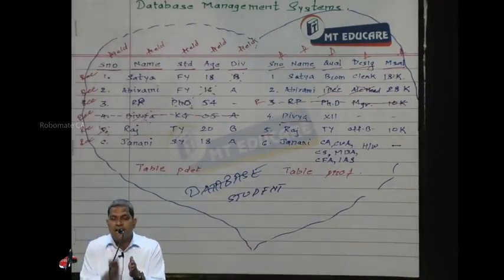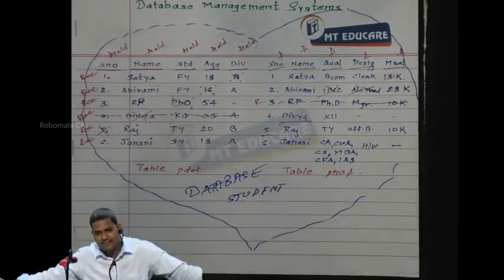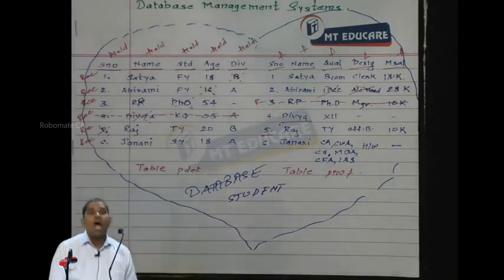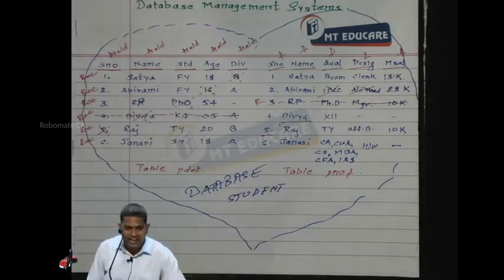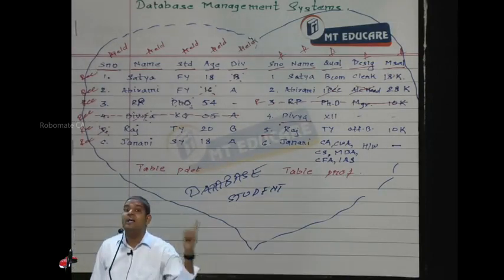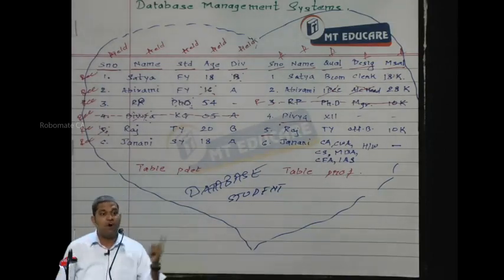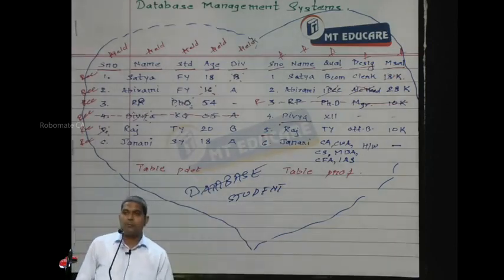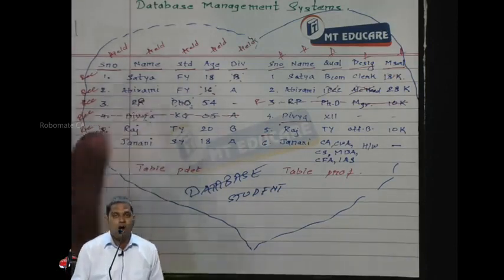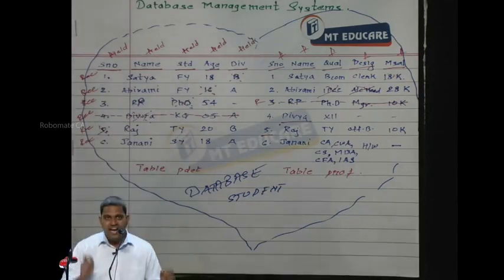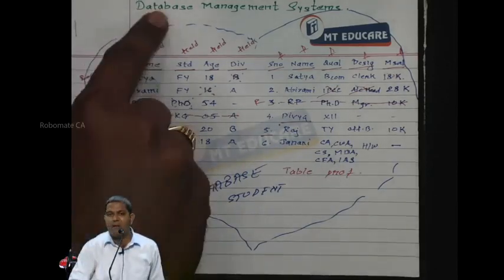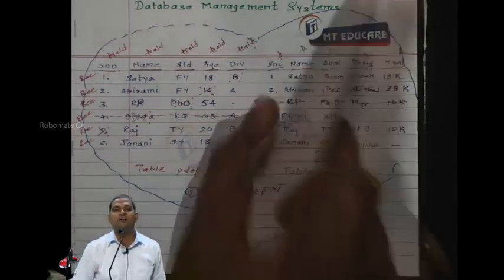So a database can be split into tables, tables can be split into records, records can be split into fields. Other way around: fields come together to form records, records come together to form tables, tables come together to form a database. And this method of storing the data in an organized fashion is called database management systems.